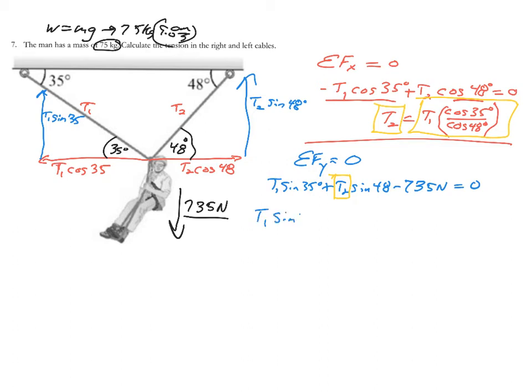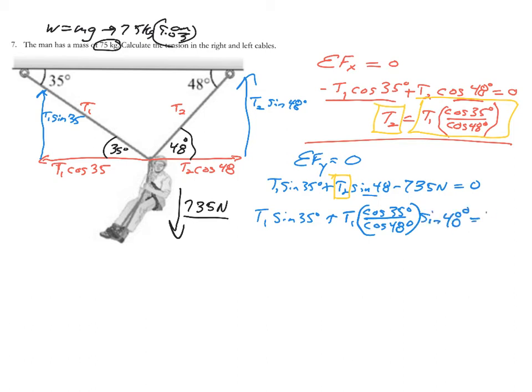T1 sine of 35 degrees plus another T1 cosine of 35 degrees divided by cosine of 48 degrees. Now, do not forget that sine of 48.